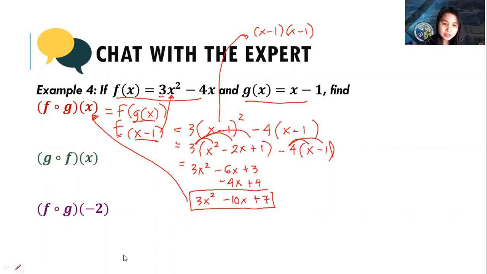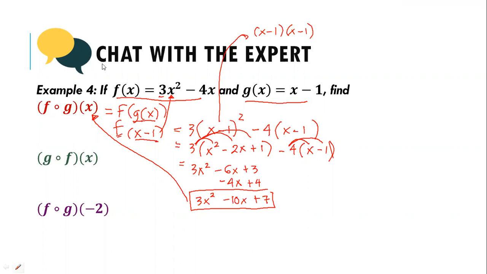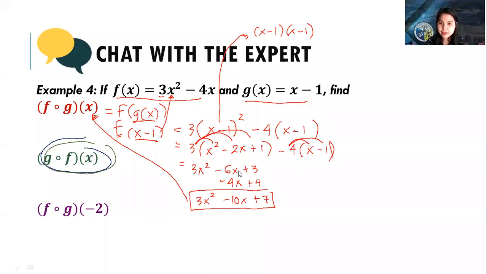How about the second one? The second one is g composed with f. Let me use the green color for you to easily see it. If it's g composed with f, let me write it here.